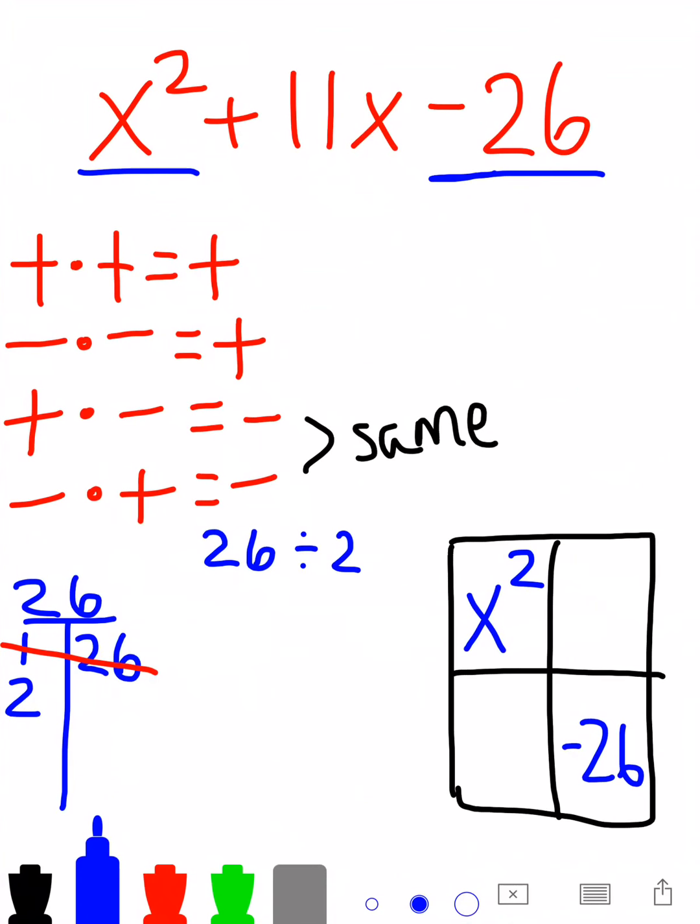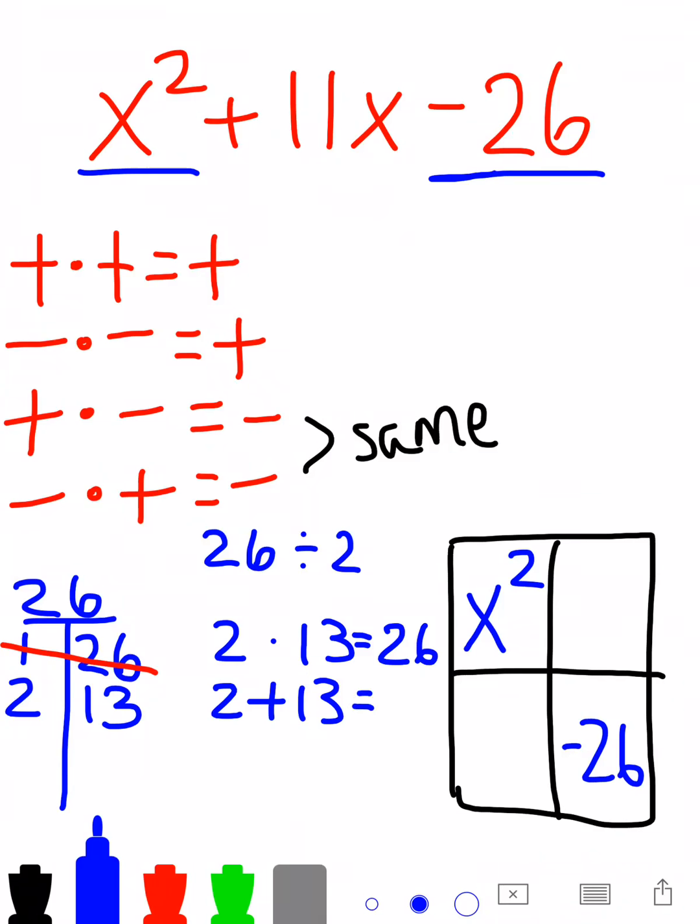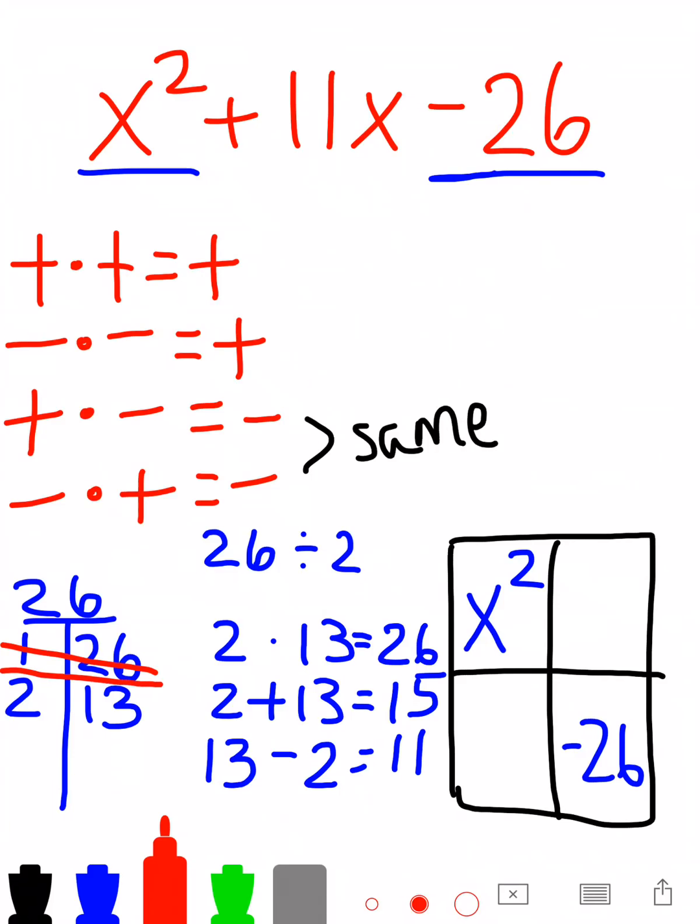So we can go back over here and we know that 2 times 13 will give us 26. Now let's do our check again. 2 times 13 equals 26. 2 plus 13 equals 15. That doesn't equal 11, but let's do it the opposite way. 13 minus 2 will give us 11. So that lets us know right there that 2 and 13 will be our factors.